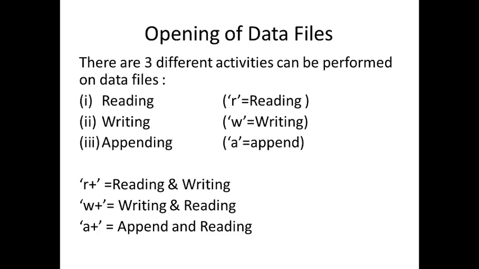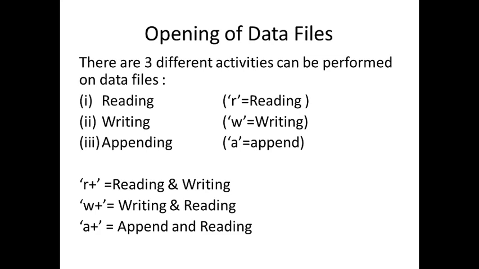This is called mode. Whenever we are trying to open a file, we have to tell Python to open the file in a certain mode, and that mode is basically reading, writing, or appending. This mode is denoted by r for reading, w for writing, and a for appending.